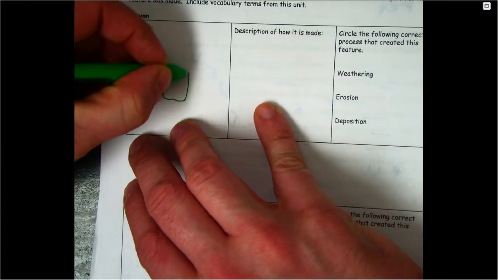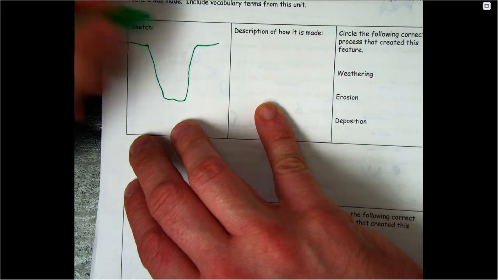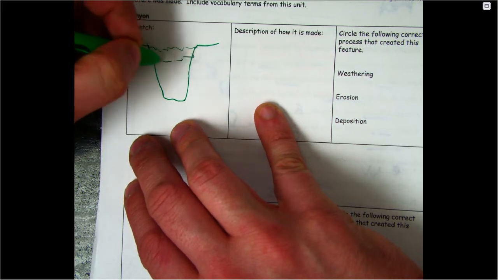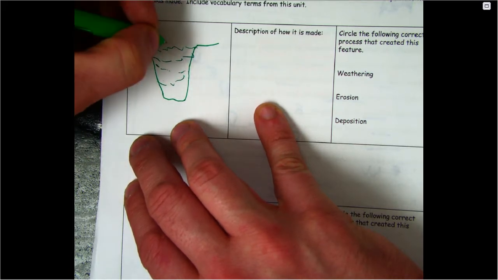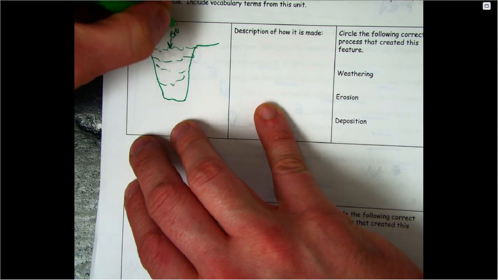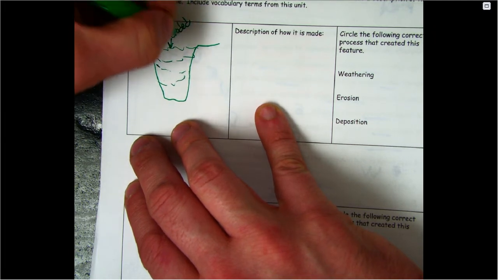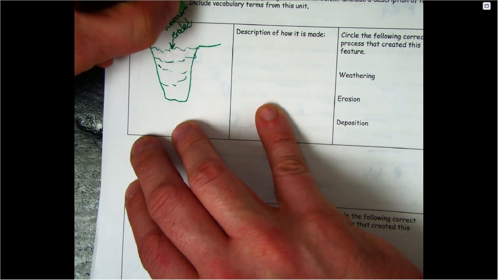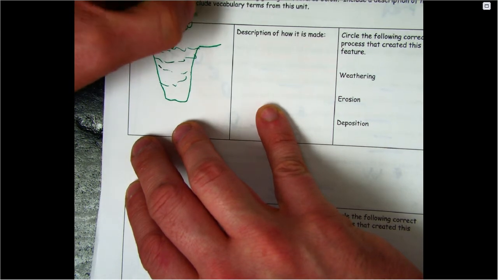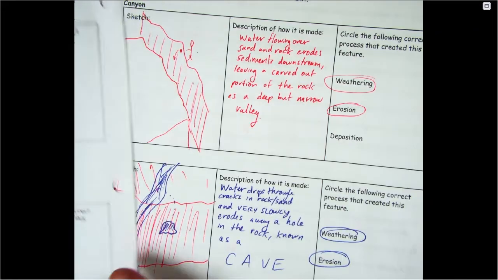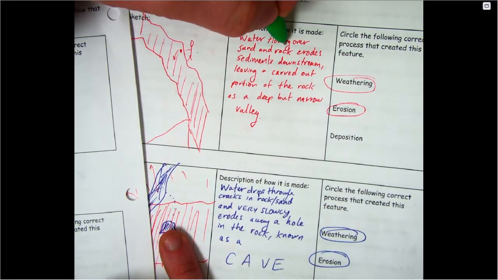So like this, very steep sides, right? And then draw in the rock, and this was eroded. So weathered and eroded away.